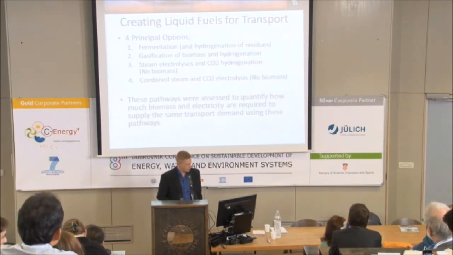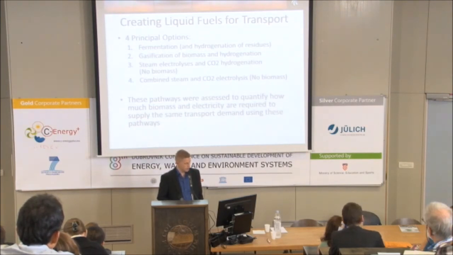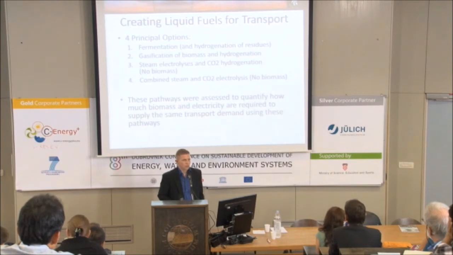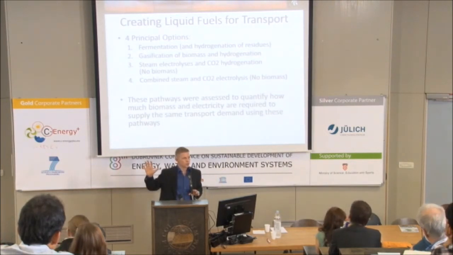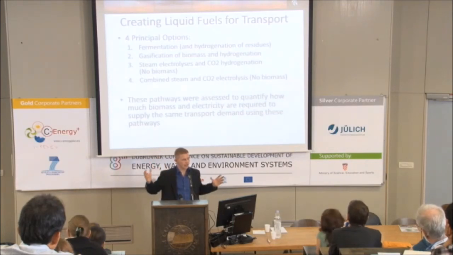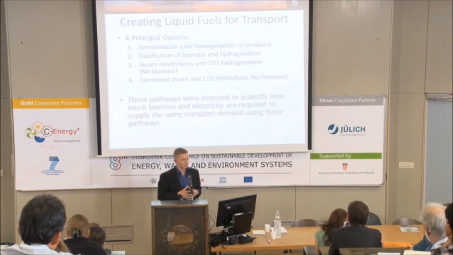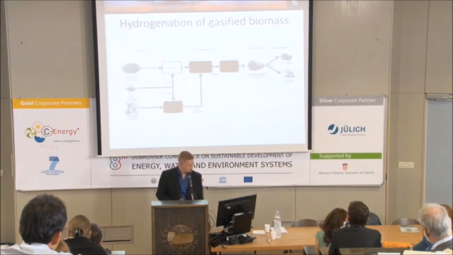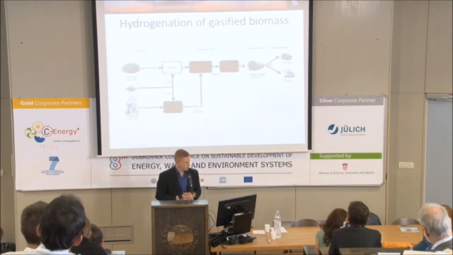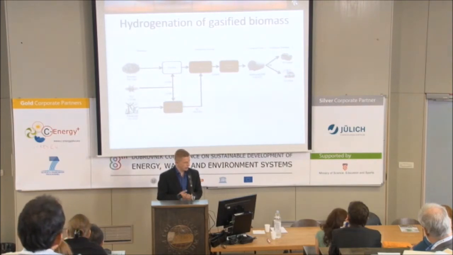I will not go through all of them, but what we are able to do with these 4 principal options is to combine the carbon sources that we have in biomass with hydrogen produced from intermittent resources and create some liquid fuels. And there are different options for doing so. This is one of them. It's called hydrogenation of gasified biomass.